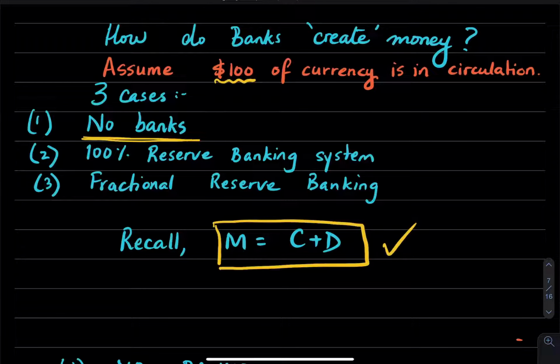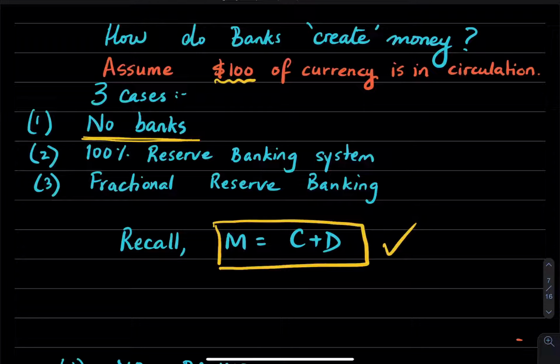And then the second scenario is what happens if we have a 100% reserve banking system, which is to say that the Fed could impose a requirement which requires banks to hold 100% of their deposits as reserves. And so we want to see that scenario and ask ourselves, did the system create money or not?